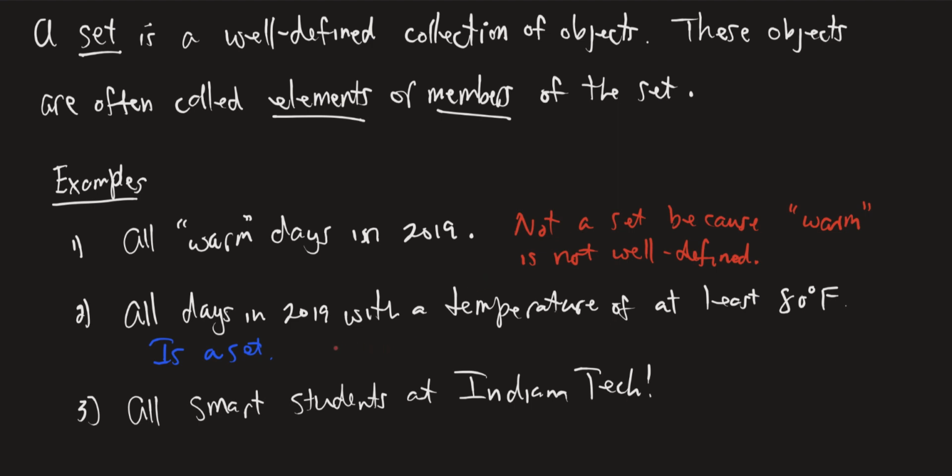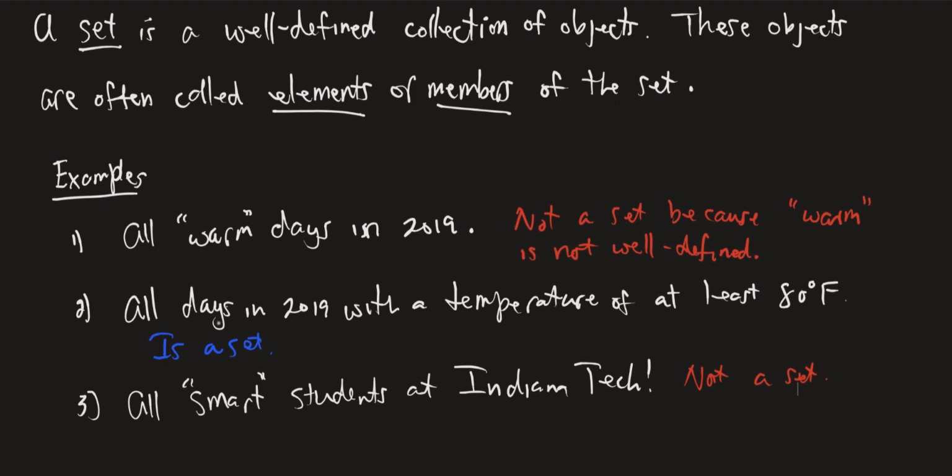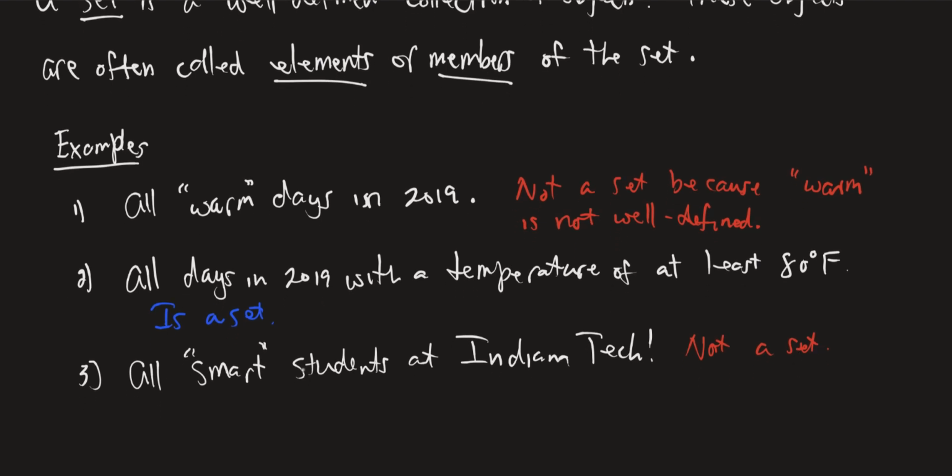Well, you should ask yourself, what do we mean by smart? Are you going to use GPA? Are you going to use whether or not you're on an academic scholarship? Again, it's not clear what this is. So this is an example of something that is not a set.